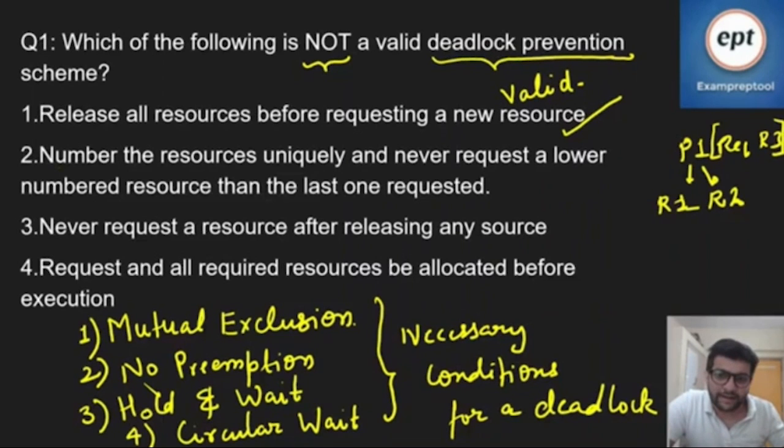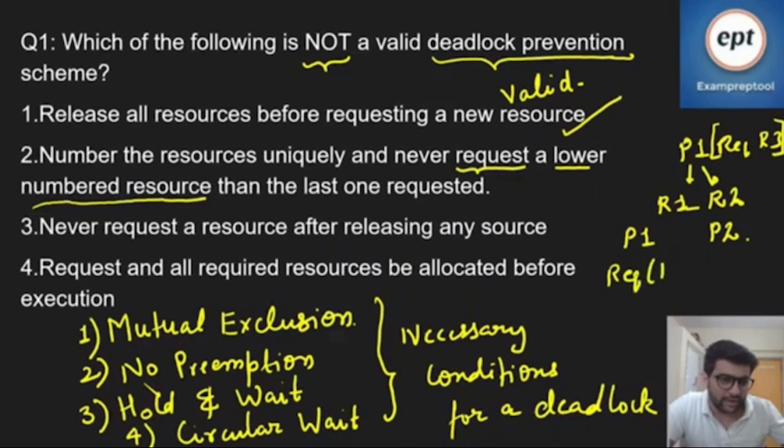The second option says number the resources uniquely and never request a lower numbered resource than the last one requested. So let's say we have a process P1 and a process P2, and we are not allowing a process to request a lower numbered resource. Let's say P1 wants the resource R1 and P2 wants the resource R2.